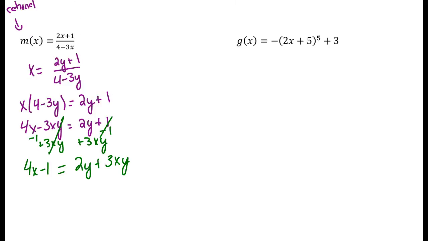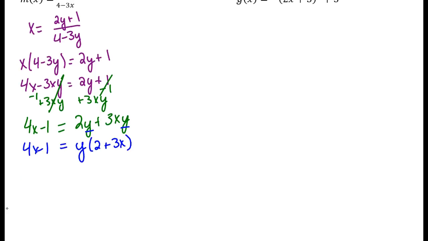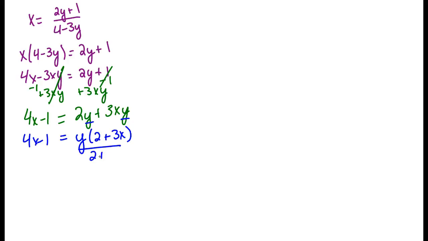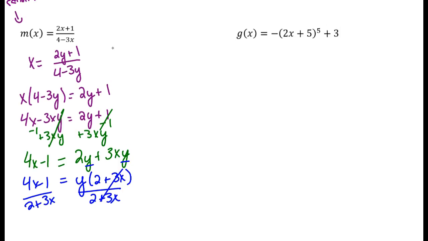Well, now that I have my y's on this side, we GCF that y out. And then finally, to get y by itself, we divide by that quantity. We divide by 2 plus 3x. So what's m inverse? m inverse is 4x minus 1 over 2 plus 3x.